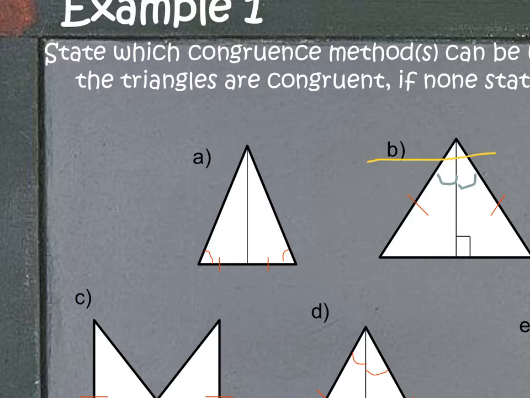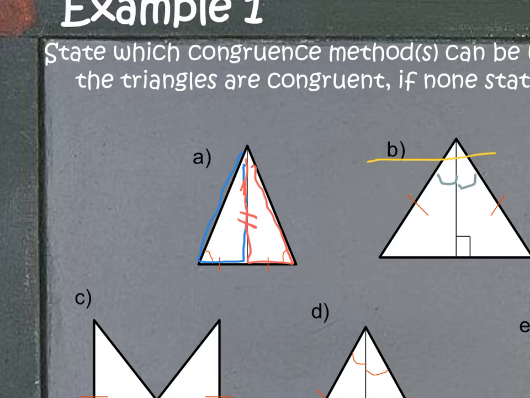Now, the first triangle. Remember, whenever 2 triangles are sharing a side, if I were to pull this apart, I would be referring to this one on the left and this one on the right. Now, this side where it's both red and blue is congruent to itself.